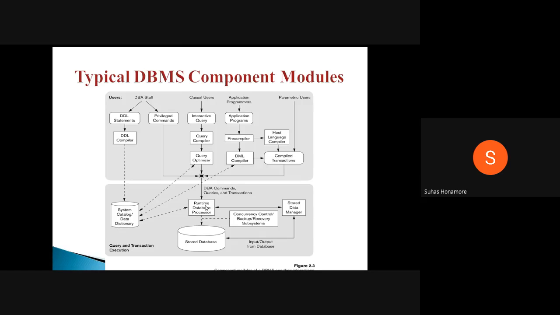This processor will directly communicate with your data and try to maintain concurrency. What is concurrency? At the same time more than two people can access the data. For that, how does it have to be maintained? If anything happens, the database has to have some backup, so that backup also has to be made. Backup and recovery, all those things it will check.